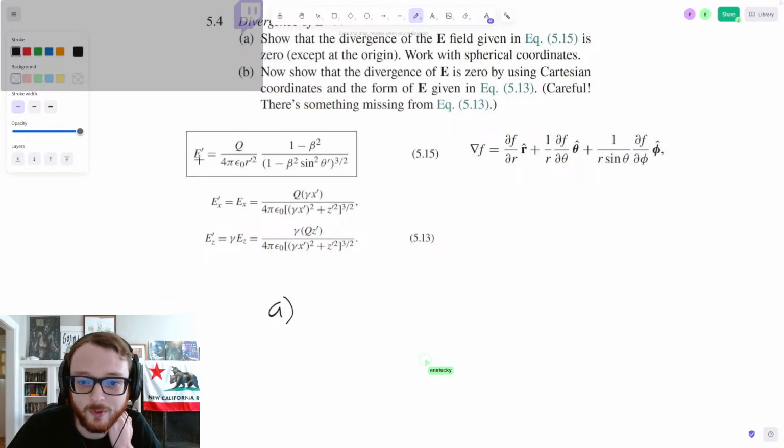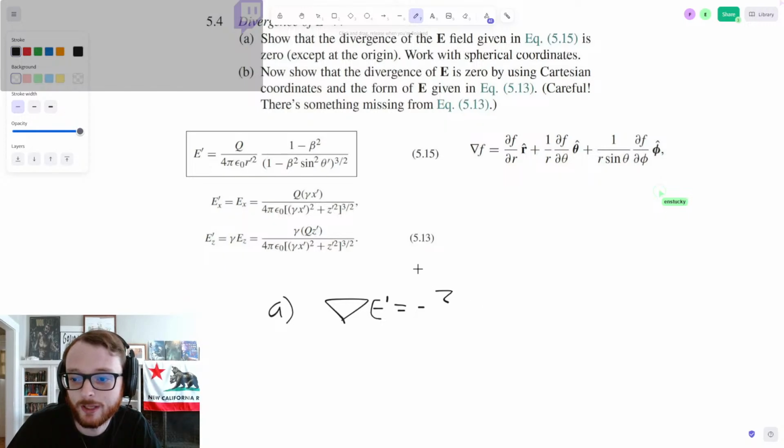It's equation 5.15. So it depends on r and theta, but not phi, right? Right. That's nice, helpful. The complicated term goes away. Yep. So our first partial is with respect to r. So we get minus 2q, and actually the 2 will cancel.